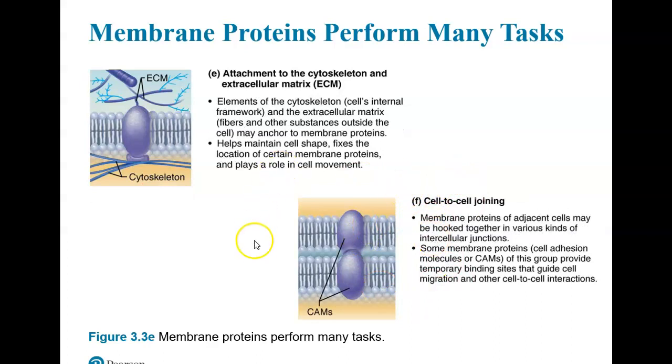Other functions that the proteins can have, so they can serve as attachment sites for the cytoskeleton. Cytoskeleton is like the skeleton of the cell. It's mainly made up of filaments. So they can act as attachment sites for these filaments, or they can also serve as attachment sites for fibers that are found in the extracellular matrix.